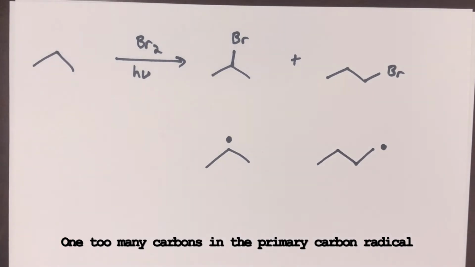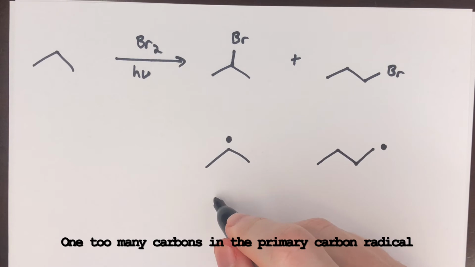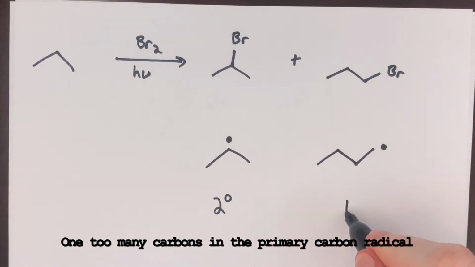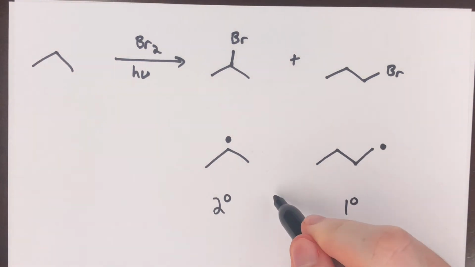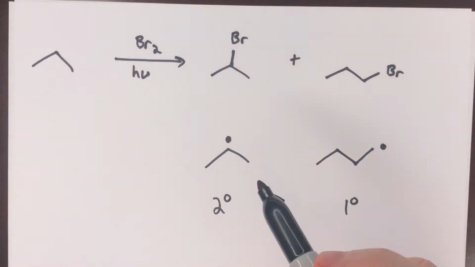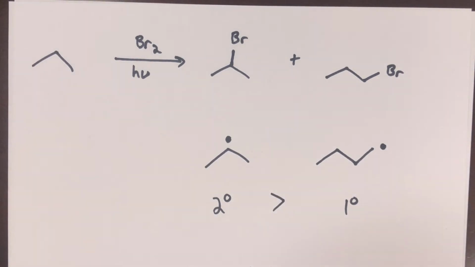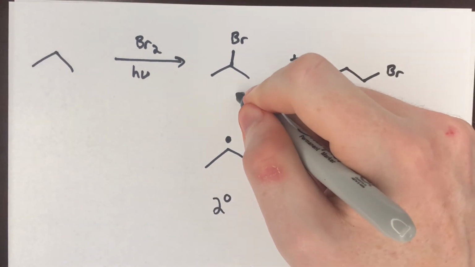Now, based on the rules that we just looked at, we know that this is a secondary radical, whereas this is primary. And we know, again, from the bond dissociation enthalpies, that secondary radicals are more stable than primary radicals. So because of this, this intermediate is far more stable, and therefore the reaction will go through this intermediate and form this as the major product.